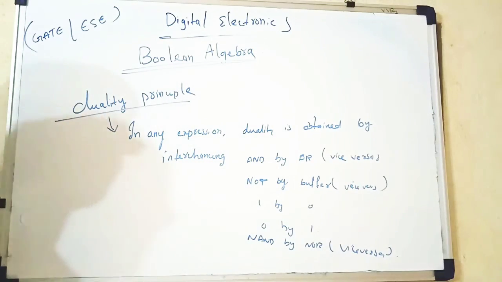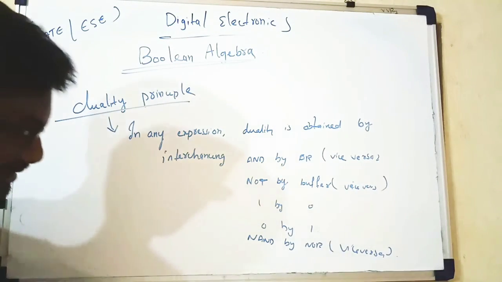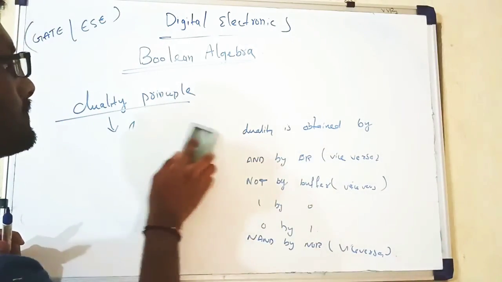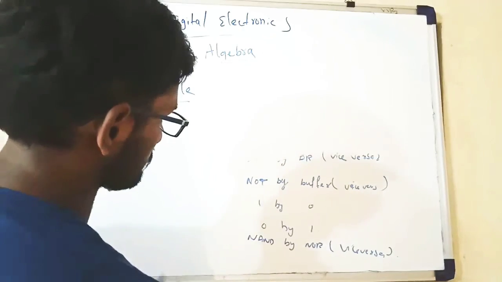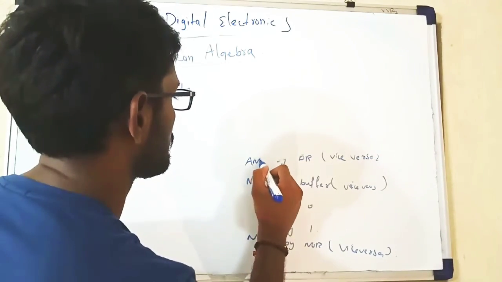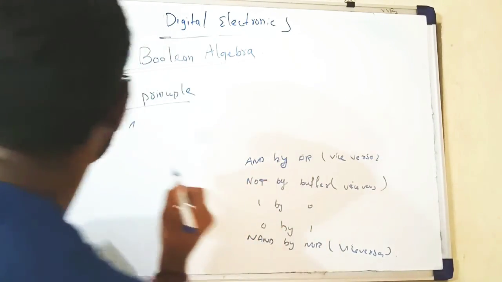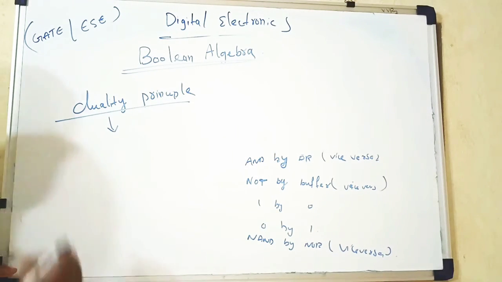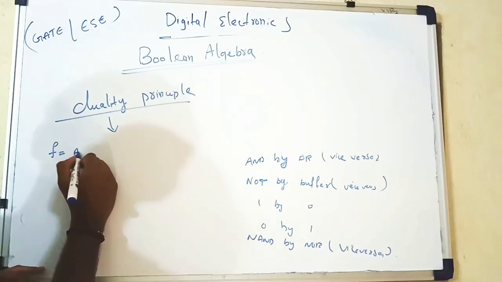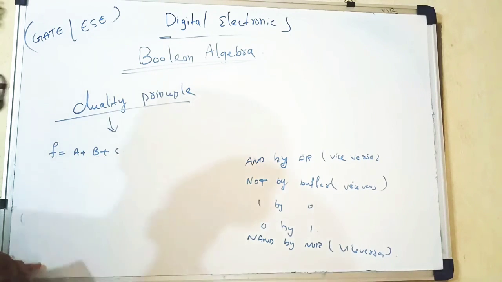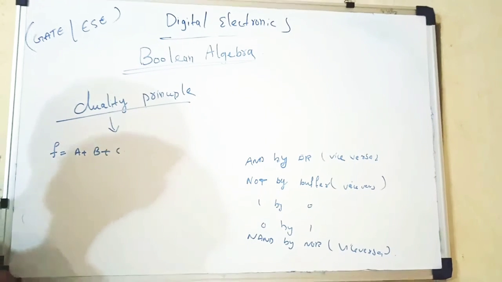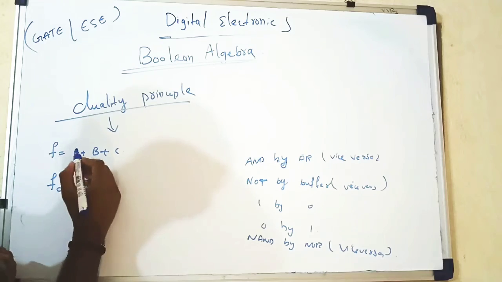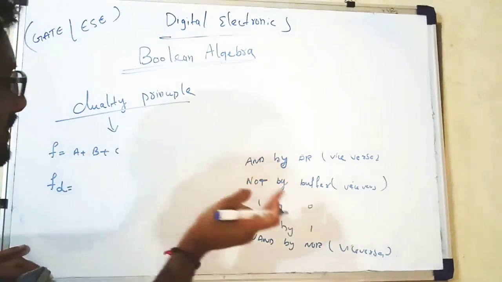This is mainly used for checking the complement of any expression. Now let us see this. Let us take an example. F equal to A + B bar + C. This is an expression. The dual of this is nothing but changing NOT by buffer, buffer by NOT.